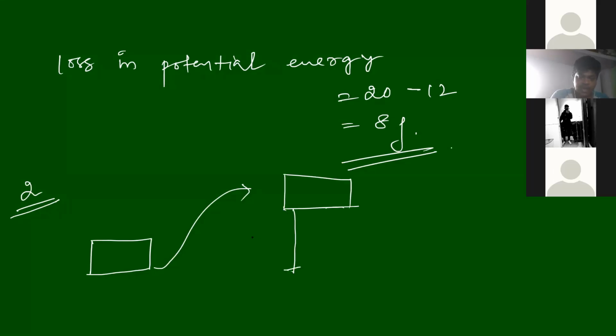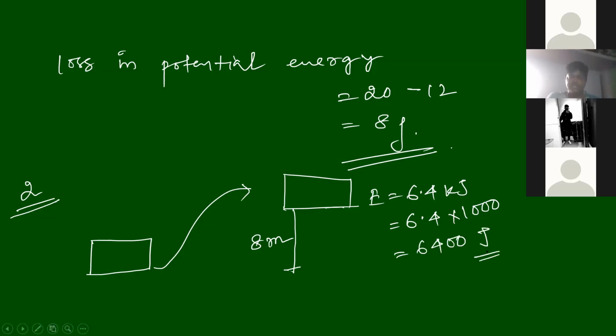Now, how much energy do I need to take the box to this height? I need the energy as 6.4 kilojoule. That means it is equal to how much joule? That means 6.4 multiplied by 1000. That means it is 6400 joule.